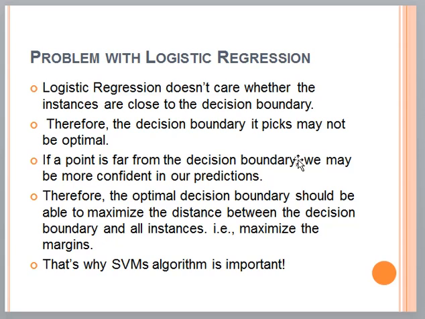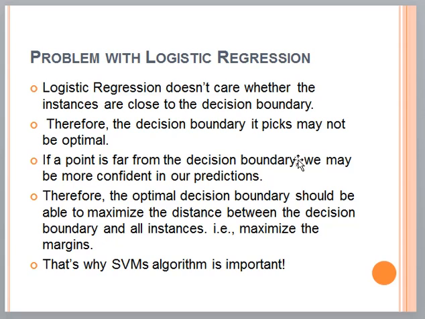Also, if a point is far away from the decision boundary, we may be more confident in our predictions. For example, in the figure I showed you, point C was far away from the decision boundary, so we are much more confident that it will belong to class number 1.